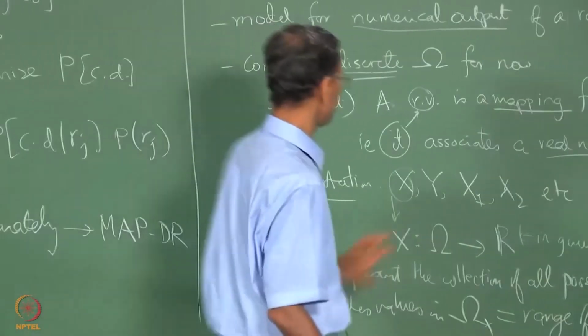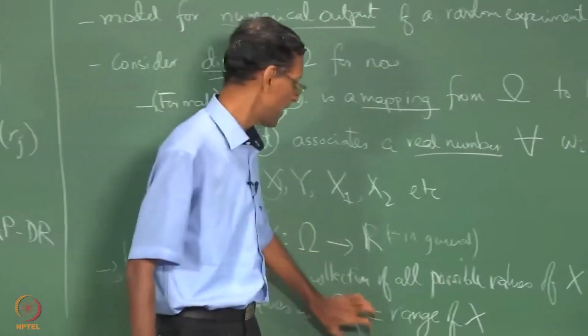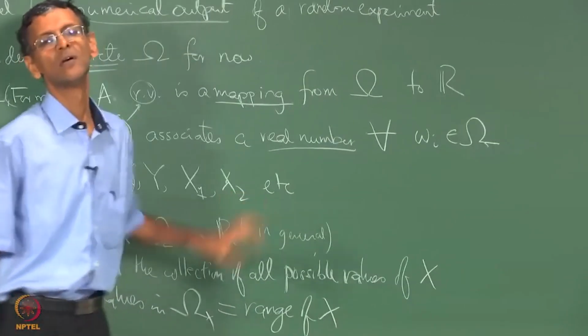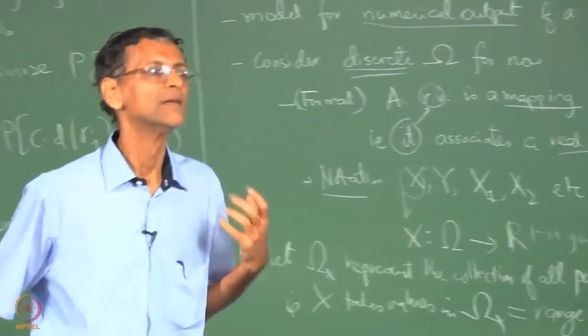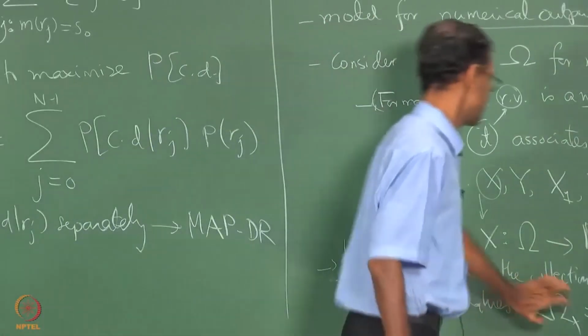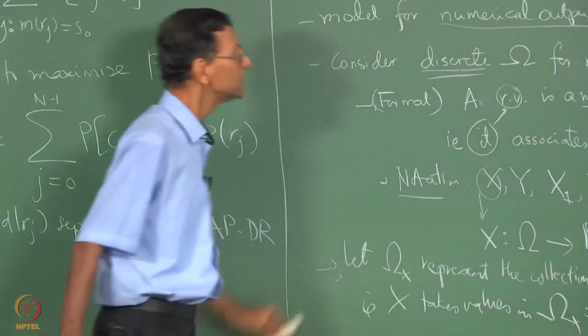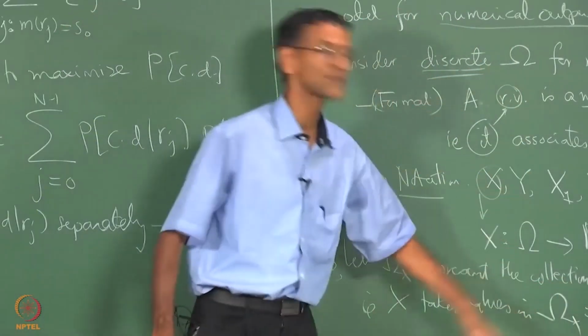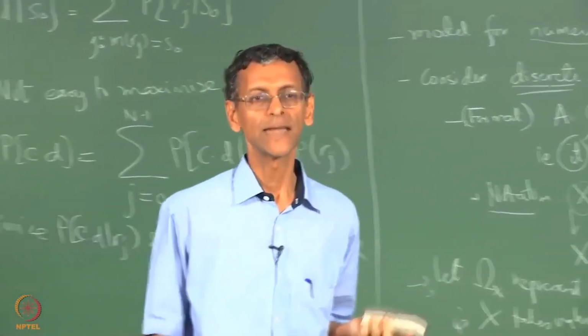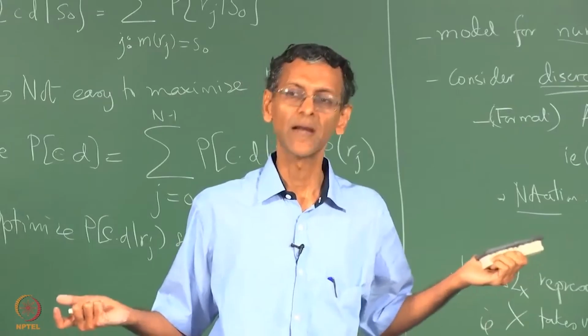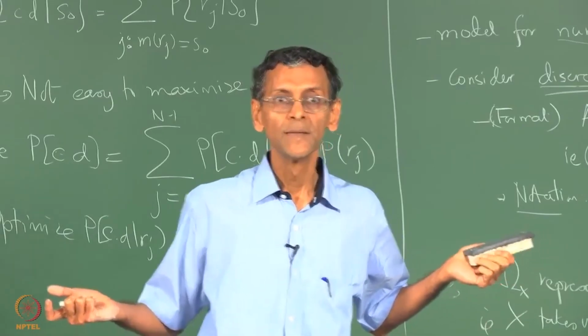Whereas omega can be some abstract space, this omega x is always a subset of R. Is that clear? Not only that, for any discrete space this omega x must be a countable subset of R, it cannot suddenly become uncountable.